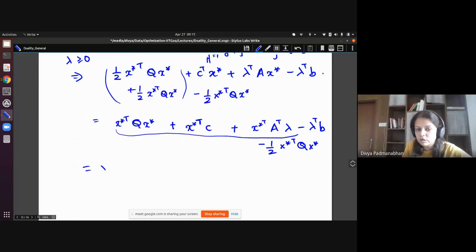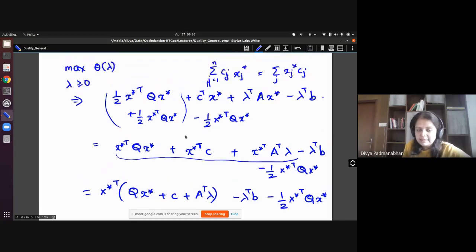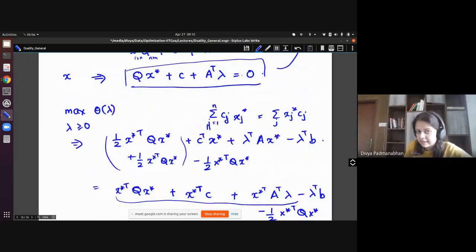I can take x star as common: x star transpose times (Q x star plus c plus A transpose lambda) minus lambda transpose b, and minus half x star transpose Q x star. Now we know that x star has to satisfy this.